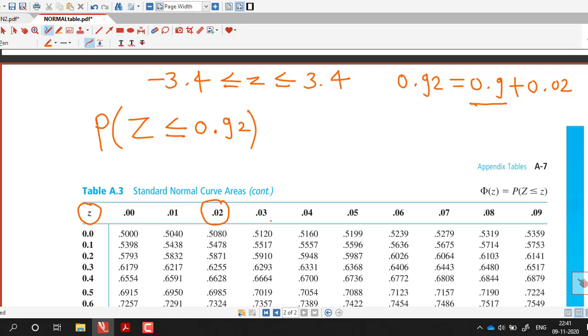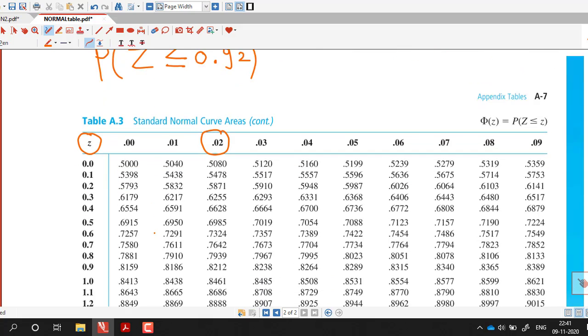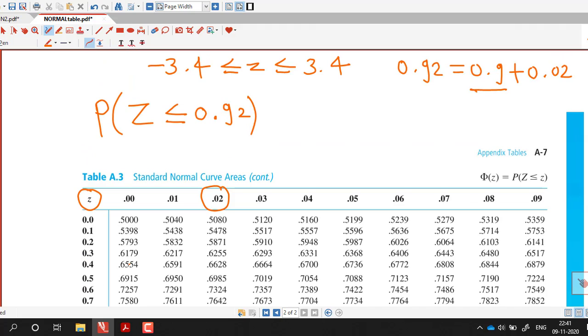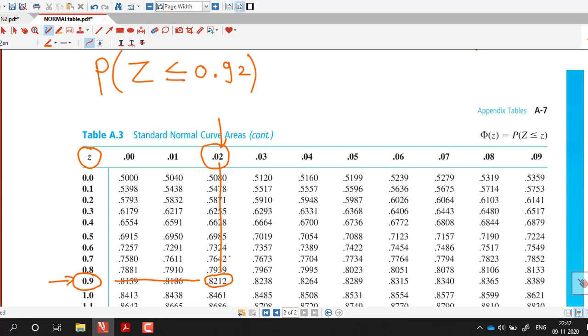I first search where is 0.9 in this first column, and I have to go up to 0.02. The intersection of these two is 0.8212.